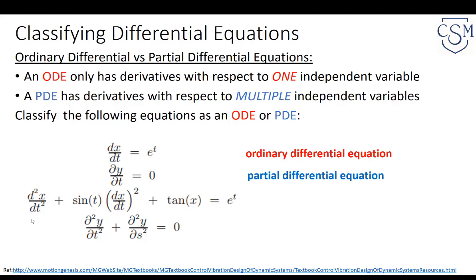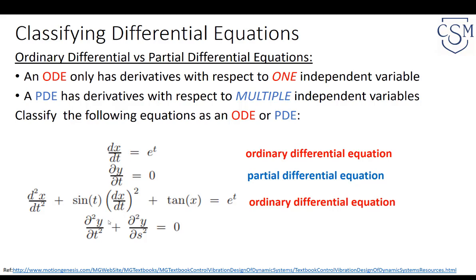The next equation has the second derivative of x with respect to time plus sine t times the derivative of x with respect to time, squared, plus the tangent of x is equal to e raised to the power of t. This only has derivatives with respect to t and they are not partial, so therefore this is an ordinary differential equation.